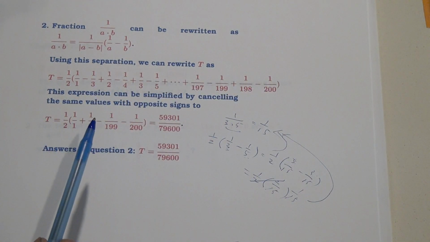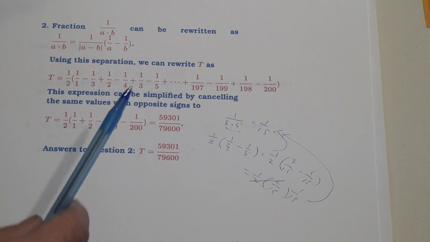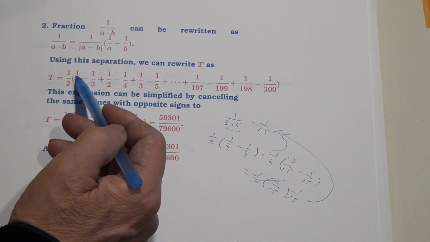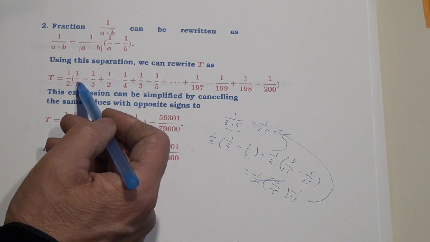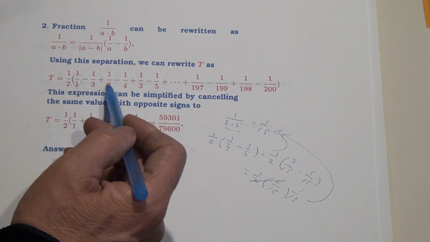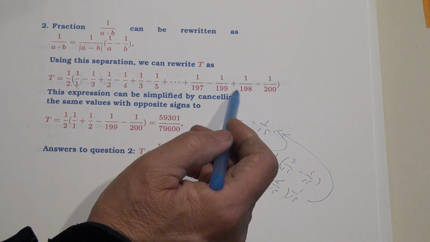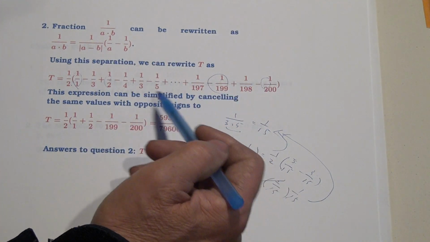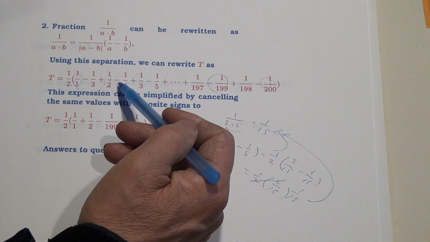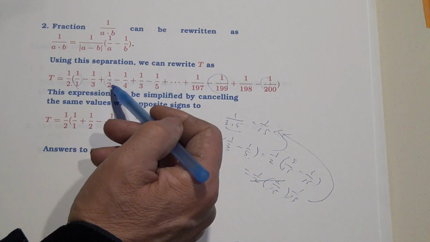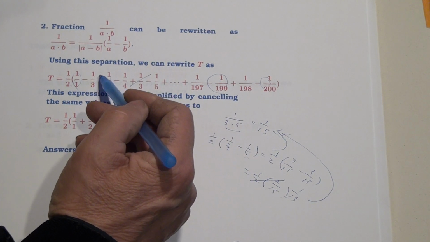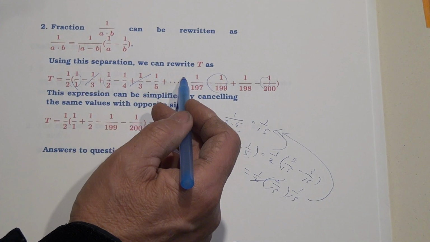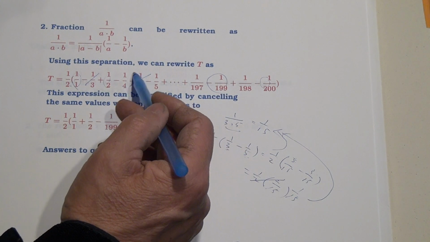Once you get that idea, one more thing here: when you separate with a difference of 2, all the time at the beginning the first 2 terms have a positive sign, and at the end the last 2 terms have a negative sign, and they will stay there after you cancel the same values of positive and negative signs. For example, here you have 1 over 3 positive, and 1 over 3 negative appears later, and next 1 over 4 plus and 1 over 4 minus cancel.